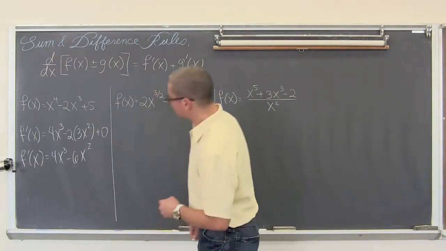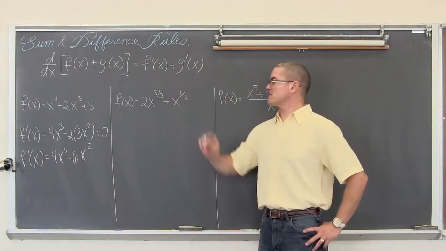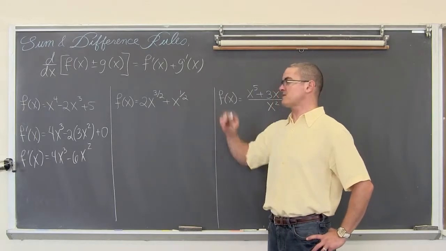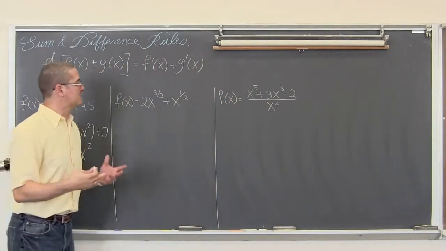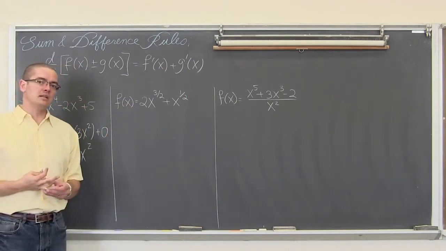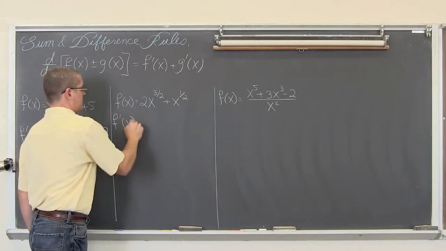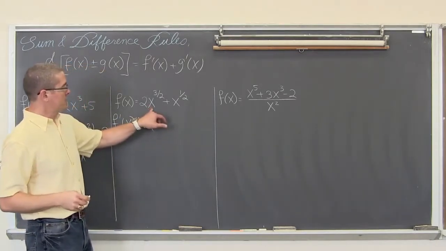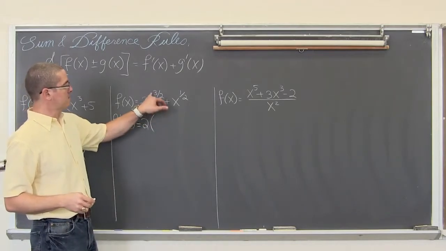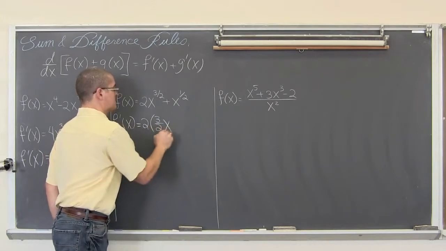And good. So now we have f of x is equal to 2x to the 3/2 power plus x to the 1/2. So the same question, only with rational exponents possibly to make this question a little bit more difficult. So f prime of x is equal to 2 times the derivative of x to the 3/2, which is going to be 3/2 x.